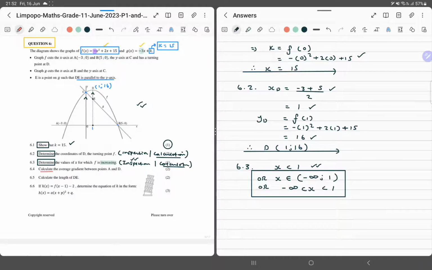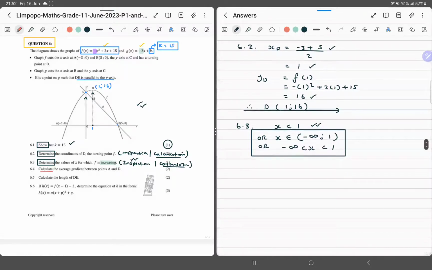So 6.4 says calculate the average gradient between points A and D, and between A and D, D is here. That would make a positive gradient, right?